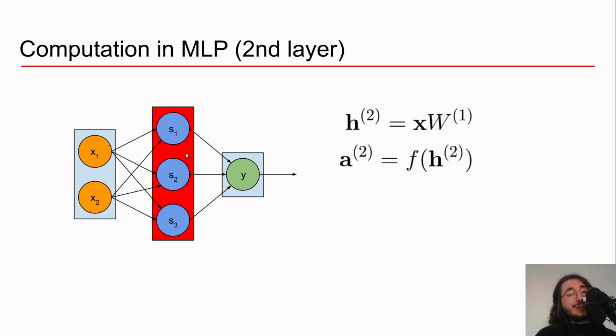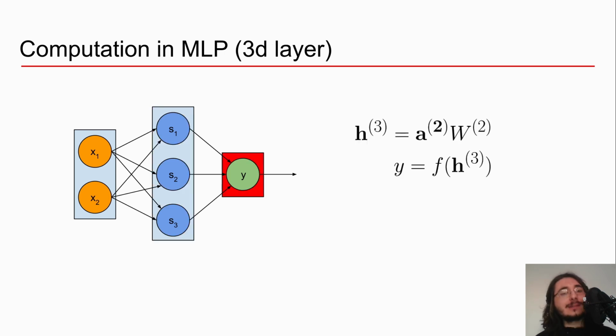Now we want to pass this information to the third layer, which in our case is the output layer. H3 is again the net input, but this time for the third layer, and we calculate it by multiplying the activation vector of the second layer with W2, the weight matrix for the connections between the second layer and the output layer.